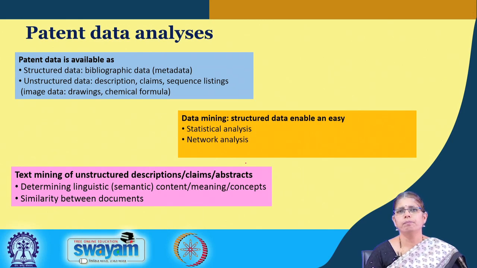Not only that, today one can do a network analysis, which means that comparisons can be drawn from one data set to another data set. And this again provides a lot of information in looking at correlative information in relation to certain aspects of patents.